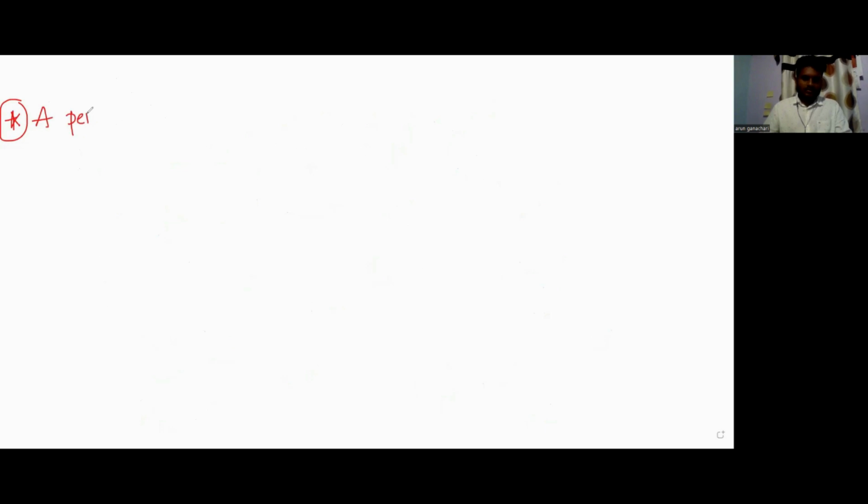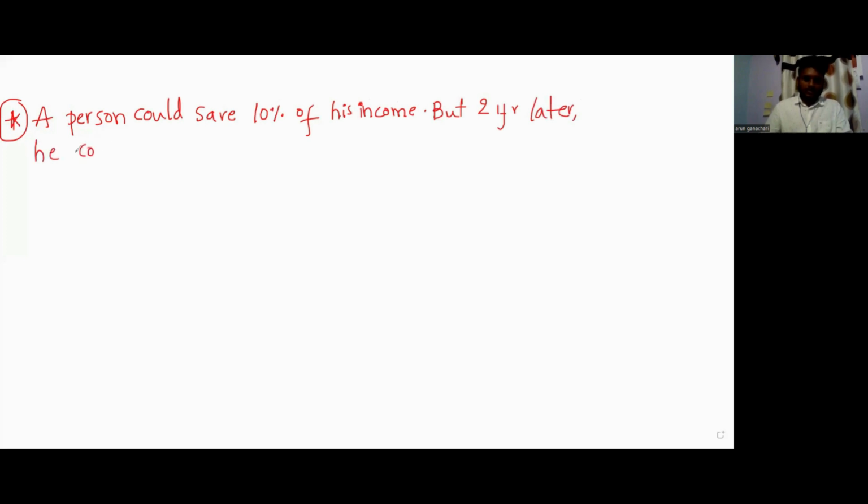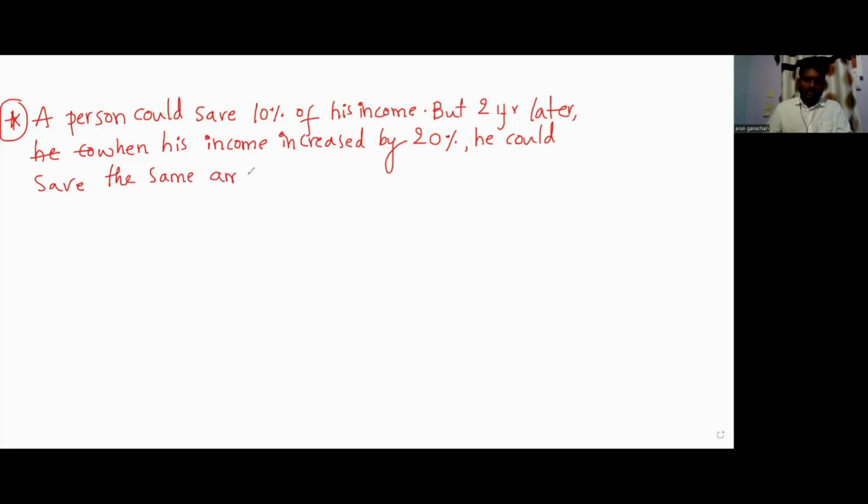A person could save 10% of his income, but 2 years later, when his income increased by 20%, he could save the same amount only as before.